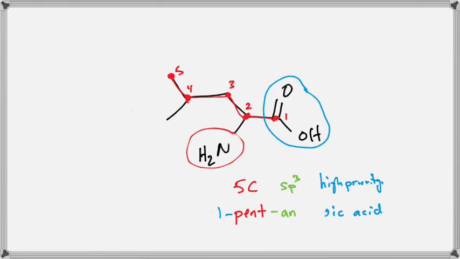And if it was at the end, this wouldn't say oic acid, it would say dioic acid. I had to have 2. Because the first one would always be, by definition, at position 1. Which means, do I really need to specify the 1? No, I don't. So I could also just delete that.